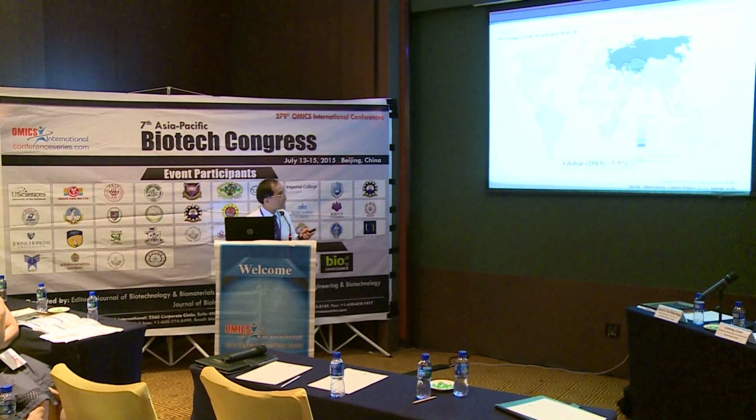And again, you can see the most prevalent countries are Russia, East Europe, China, India, South Asia, and many countries of Africa. But in general, TB cases are very, very few in Western countries.